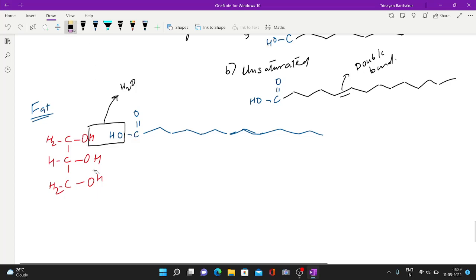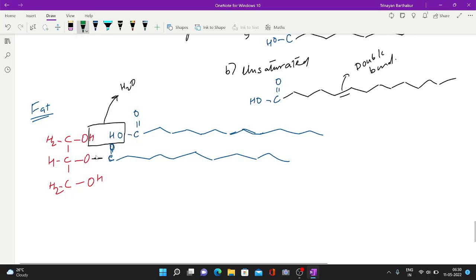Let me illustrate this in the second type. There will be a bond formed, suppose this is the bond here, between the carbonyl group and the glycerol.